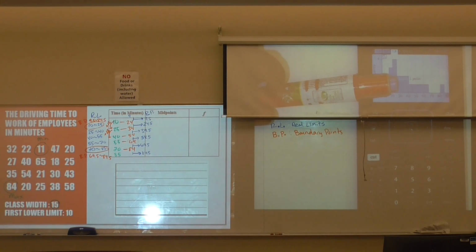Why am I saying it's the real upper limit? Because it has parentheses right there. This one does real limits, lower limit to real upper limit. It doesn't do lower limit to upper limit because that's a faulty number, like I told you guys before. It's the real ones that matter.